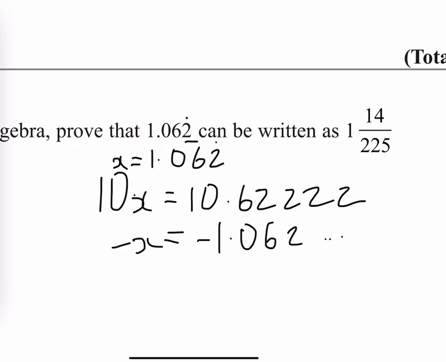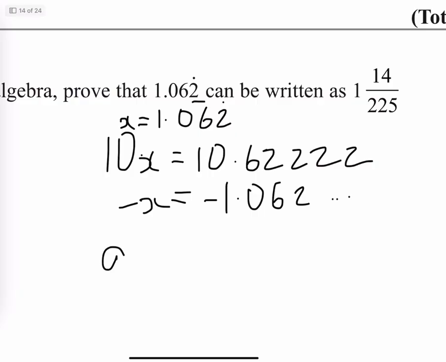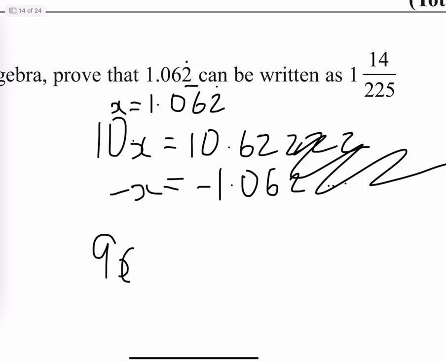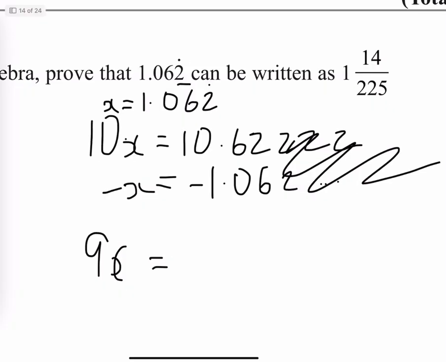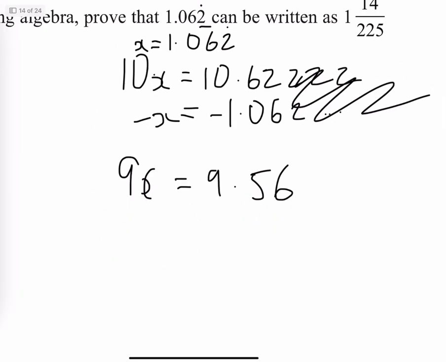Okay? And what's going to happen? What are we going to get? We're going to get 9x. All of these 2's are going to cancel off, which is lovely. And we will get 9.56. I hope. Yep.